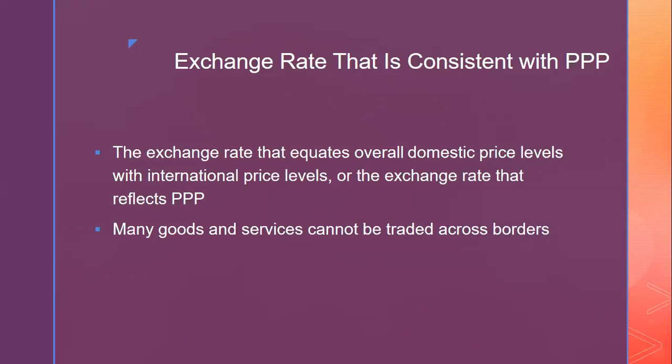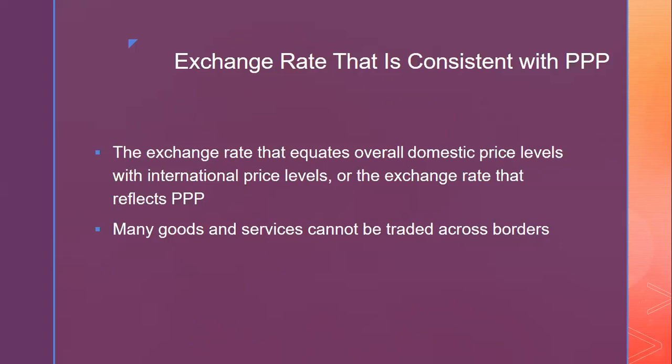In other words, the basket of goods and services in two countries should have the same prices after adjusting for the exchange rate. That's what the purchasing power parity theory suggests. So going ahead with this theory, if purchasing power parity holds true, that is the exchange rate we should take as the equilibrium exchange rate.